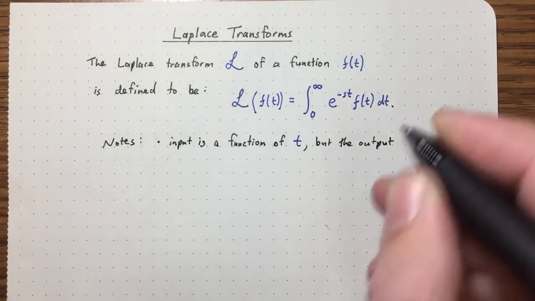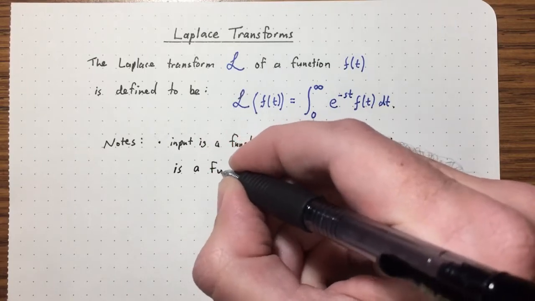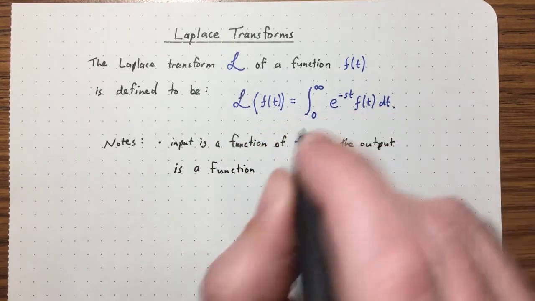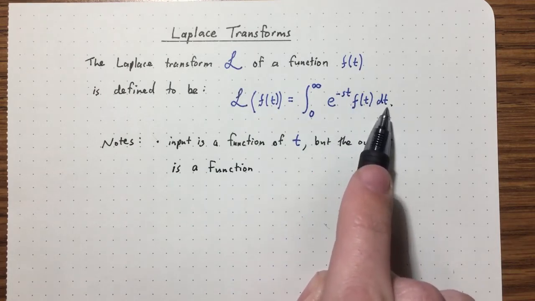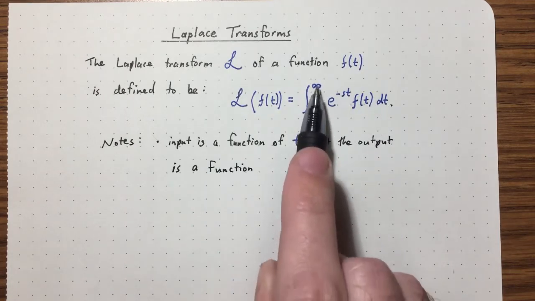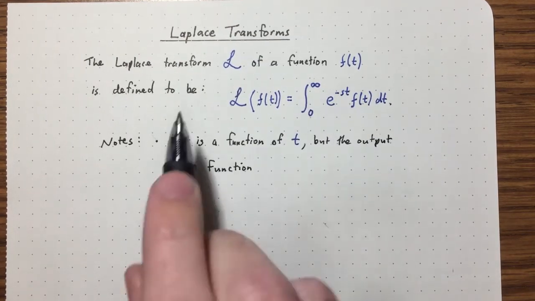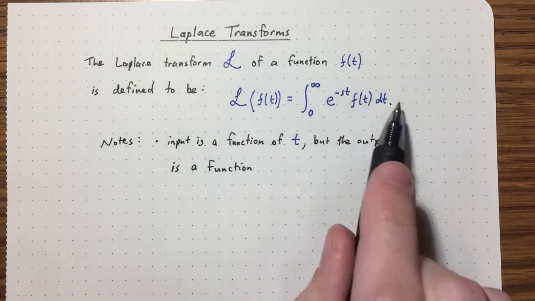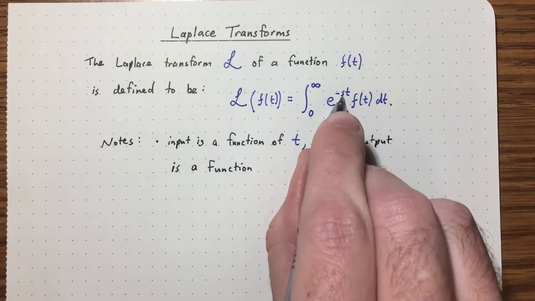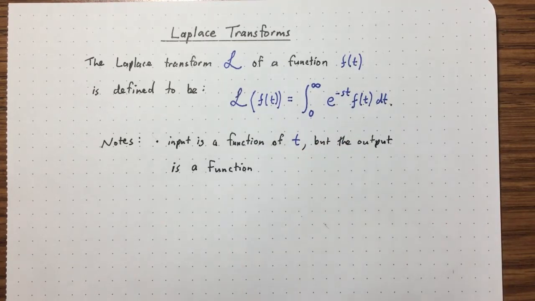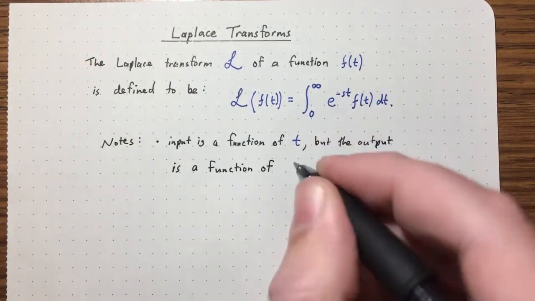Do you see what we're going to get for the output? The output is again a function, but it will not be a function of t, because t is the variable of integration. We're thinking of these as t values, and when we do this integral, we'll plug in these values. So we will not have any t's left in this function. However, we'll have this variable s that appears in our answer. So the output will involve that variable s. It will be a function of s, not of t.